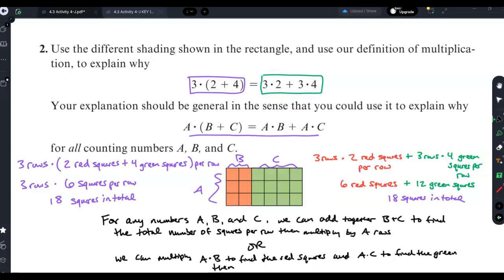Then add to find the total. So the point is, it's just two different ways, and the point is that they're equal. This demonstrates again the distributive property, and it works for any numbers. You could have any number of rows, any number of red, any number of green, and this would still work.